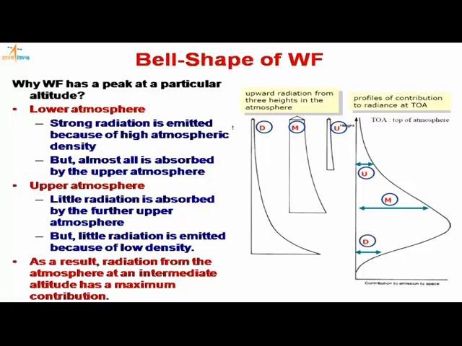Again, if we go to the top of the atmosphere, beyond this there is very small absorption, but the radiance emitted from this layer is very small, because emissivity is smaller, as well as the temperature of the higher atmospheric layers is much lower, so the weighting function is very small. So finally we obtain this type of weighting function for each sounding channel.